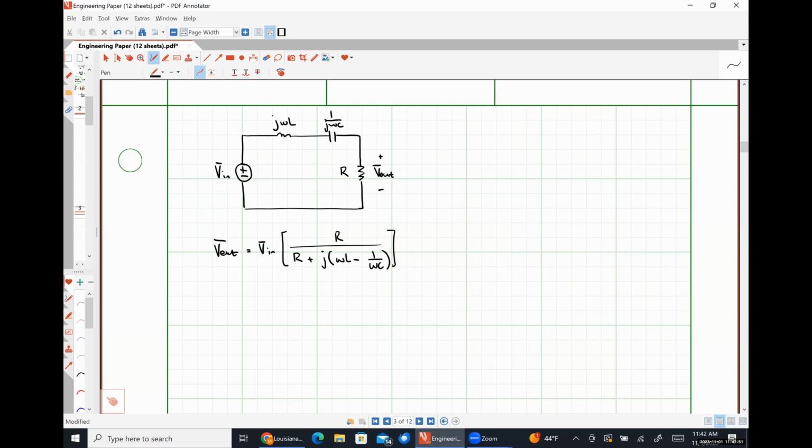I'm going to multiply by 1 over R times 1 over R here, so that we just have a simple thing that we can figure out poles for. So this would be the same as V_in times 1 over 1 plus j times omega L over R minus 1 over omega RC.